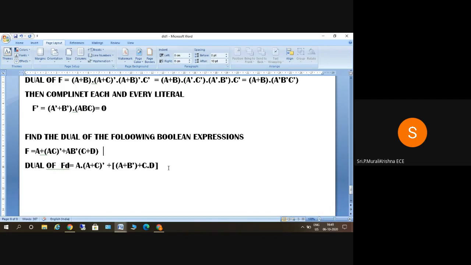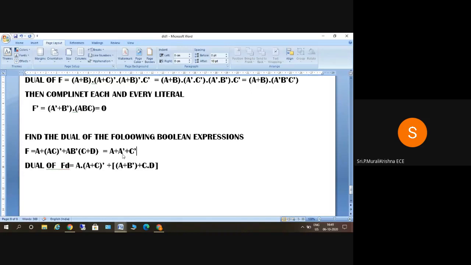If it is 0, it should be equal to 1. So I'll go for the simplification here. Okay, so we'll check this correctness here. I am just verifying this so that you'll understand. So is the duality correct?